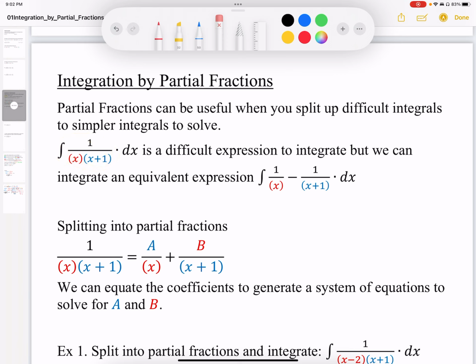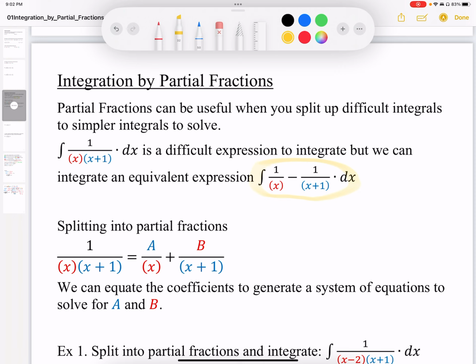So we're stuck. But this is a partial fraction. We can split this up into a partial fraction that looks like this. And if we can split it up, now we have a much easier situation because we no longer have the times in the denominator. We have the denominators split up independently into separate integrals.